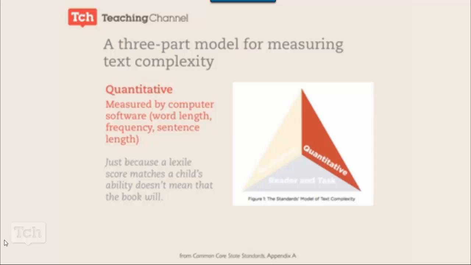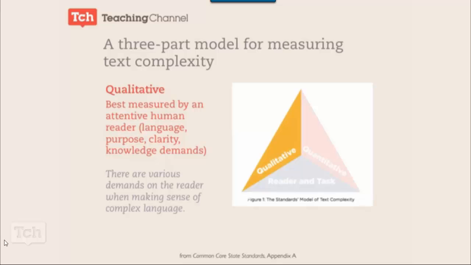So it's important for us to remember that one of the advantages of thinking about text complexity is it's giving us permission to use Lexile scores but also go beyond them. So in addition to the quantitative, we have the qualitative. And the qualitative is kind of in reference to what I was just talking about. This is the human reader. This is the components of any text that can really best be measured by an attentive reader.